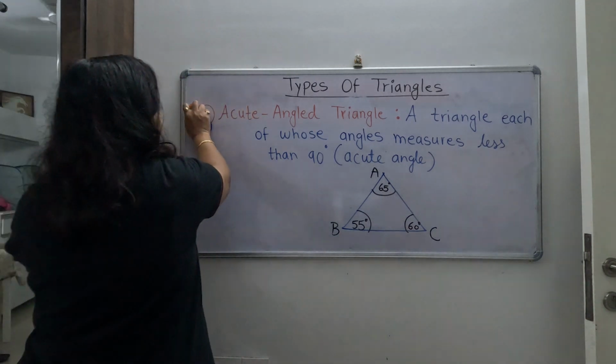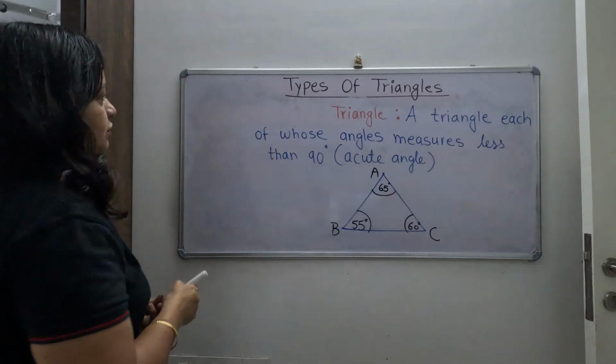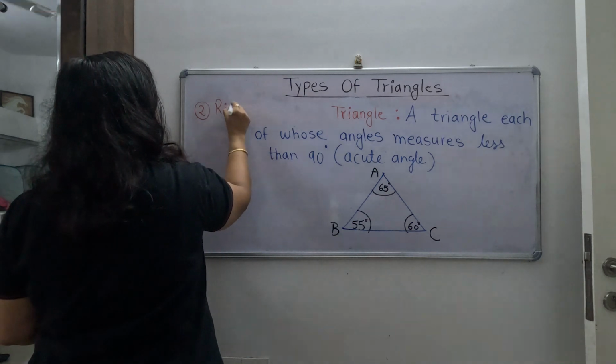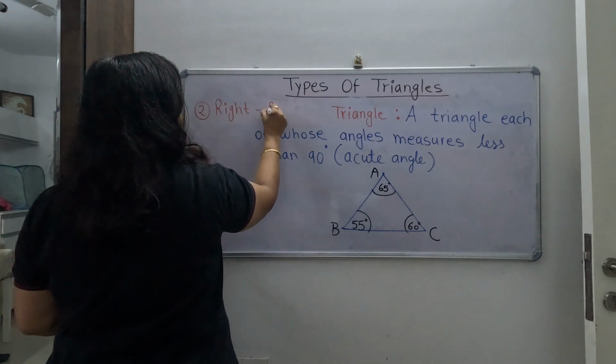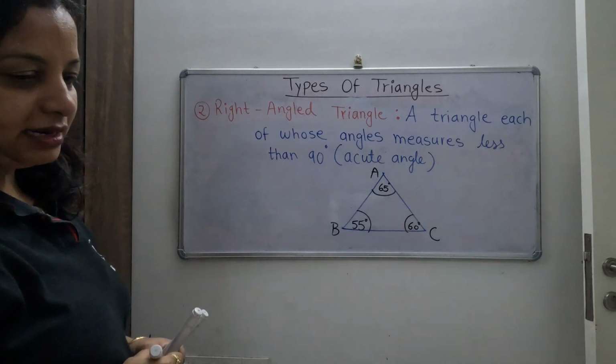Now come to the second, the right angled triangle.